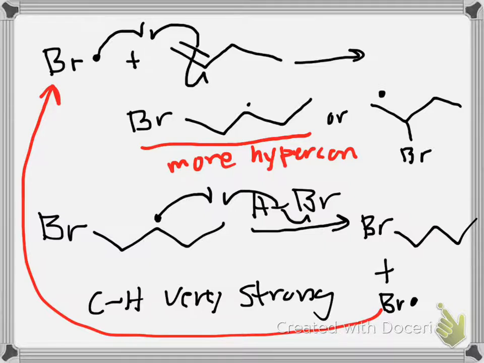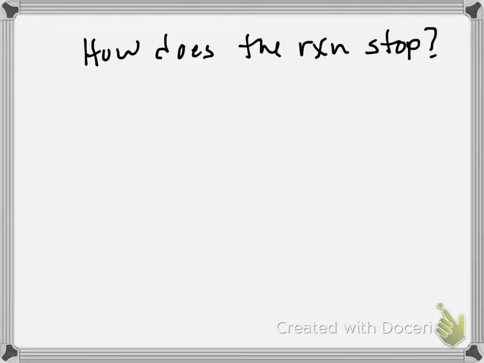Remember, when you're carrying out a reaction, you're not doing just one molecule. There is a lot of HBr. There is a lot of alkene. So you might be interested in how does the reaction stop? Well, the reaction will stop whenever you have two free radicals that combine.